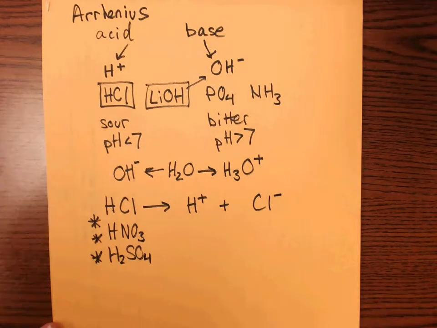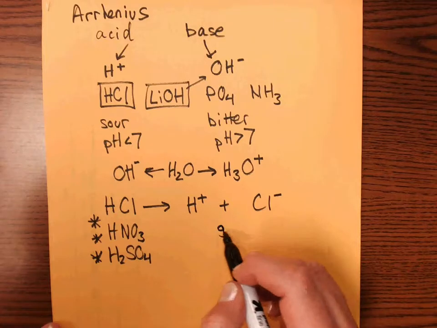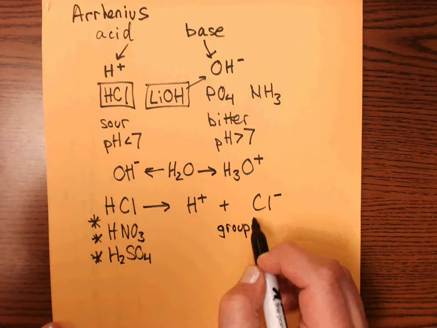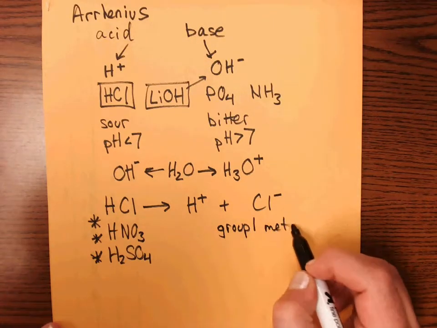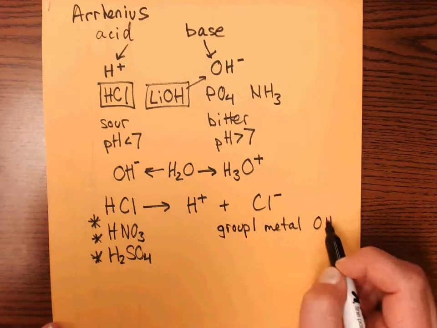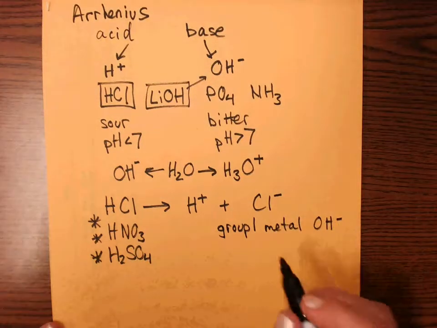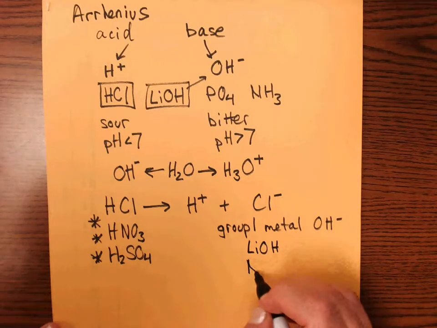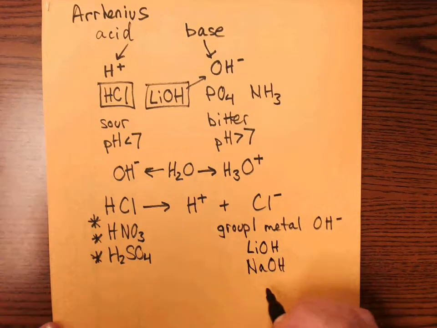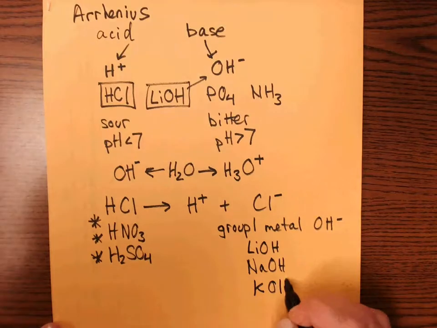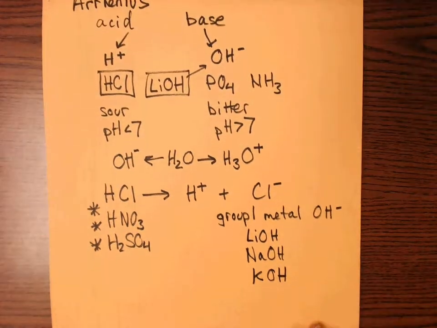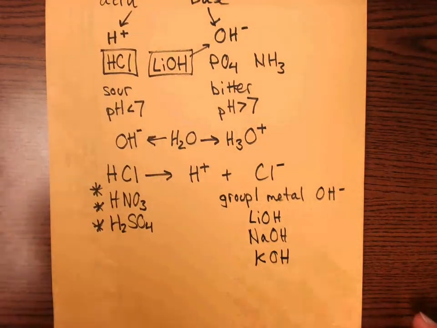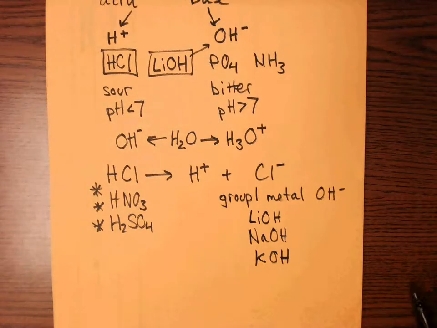And for our bases, our strongest bases are going to be our group 1 metal hydroxides. So this is referring to the periodic table, group 1. So lithium hydroxide, sodium hydroxide, potassium hydroxide. Those are the main group 1 metal hydroxides that are classified as strong bases.